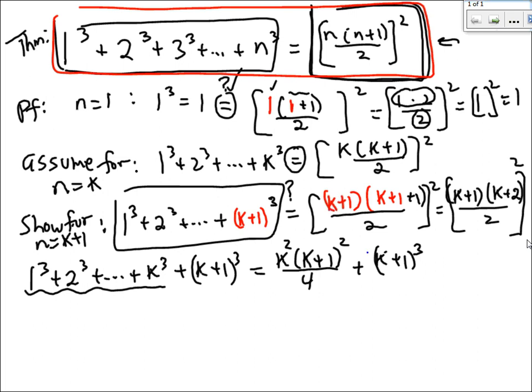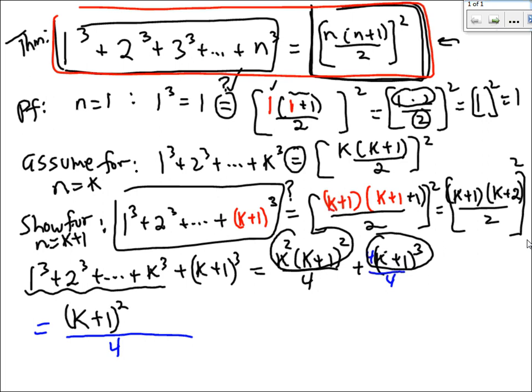But you know what? To get a common denominator, I'll multiply by 4 over 4. So now I have a 4 on the bottom. So I just have to add the numerators. Between this numerator and this numerator, k plus 1 squared is in common. And what goes inside the brackets is what's left over.